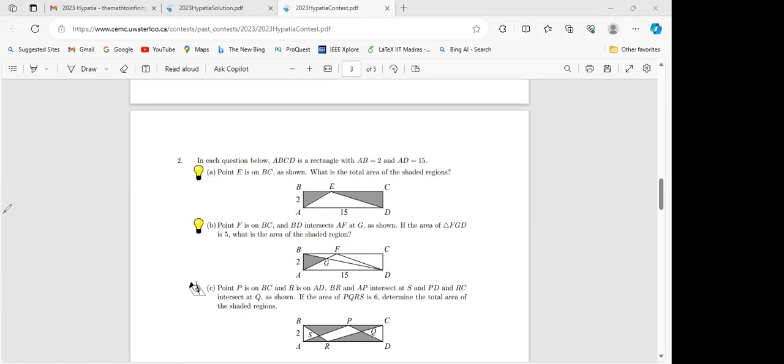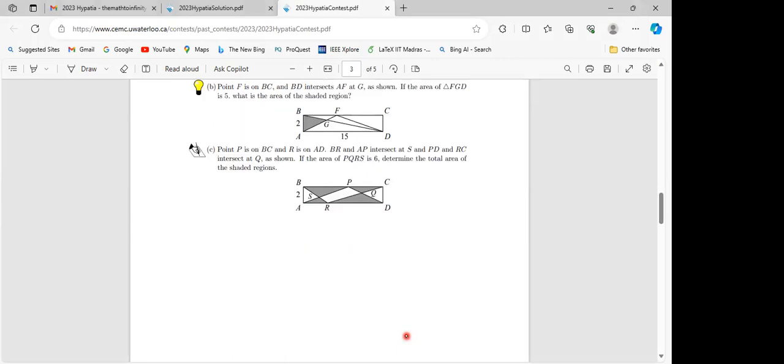If the area of PQRS is 6, determine the total area of the shaded regions. So this is the diagram.